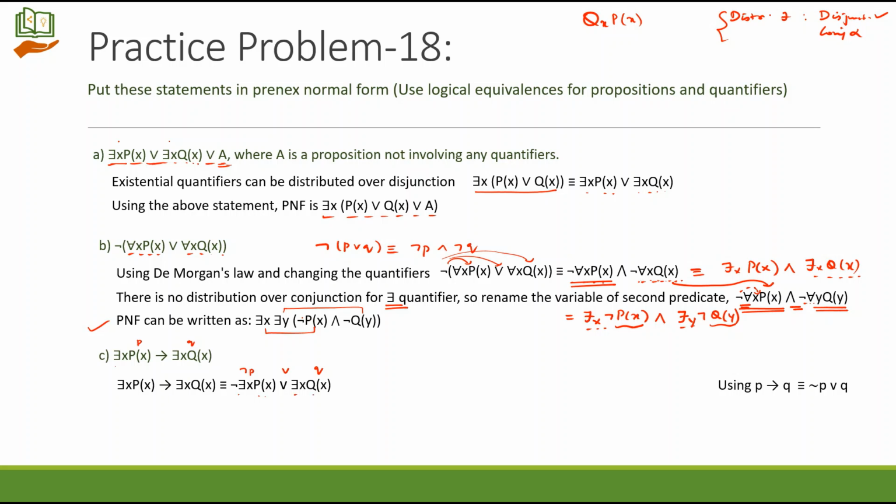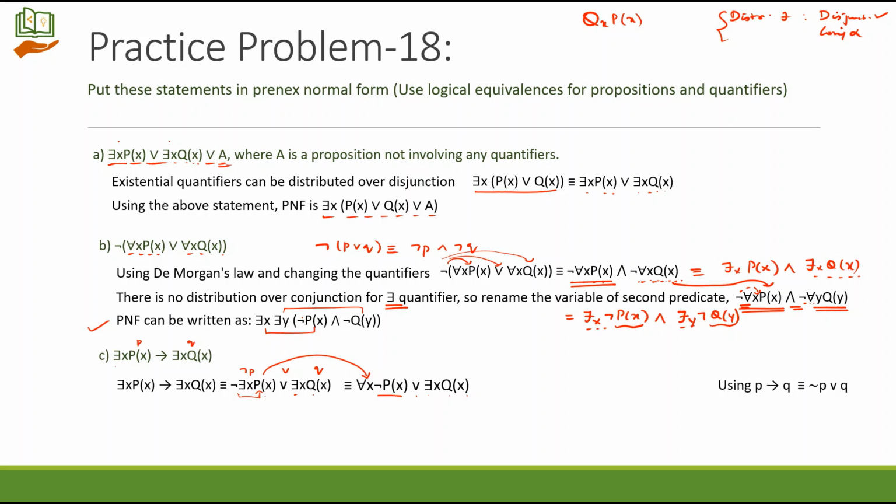So there is no change. What is negation of existential X? It is for all X. This negation is moved to negation of P of X. And on this side we don't have any change because there is no negation. The disjunction is staying as it is.